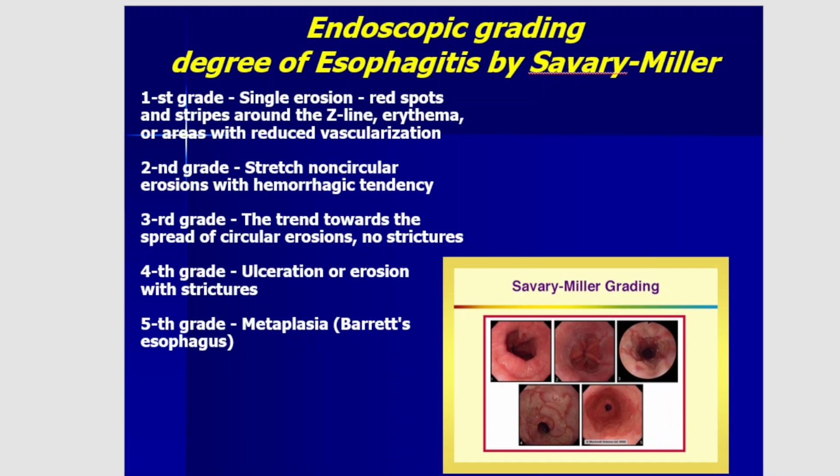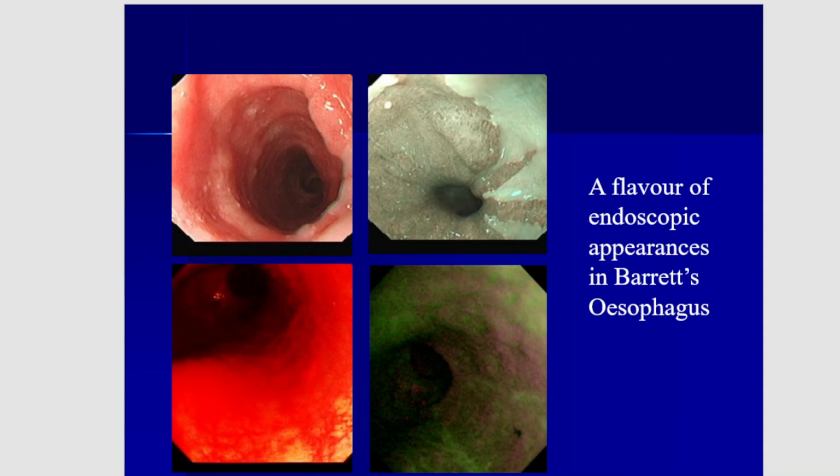Third grade: the trend towards the spread of circular erosions, no strictures. Fourth grade: ulceration or erosion with strictures. Fifth grade: intestinal metaplasia, named Barrett's esophagus.